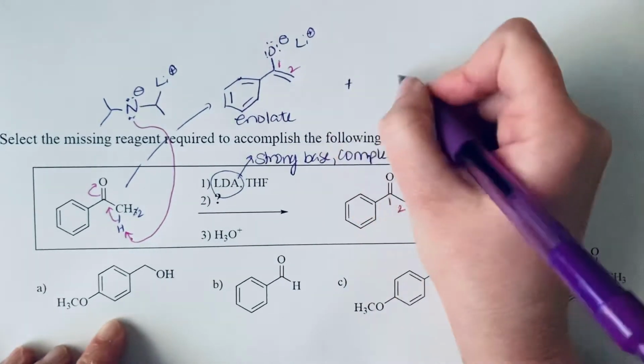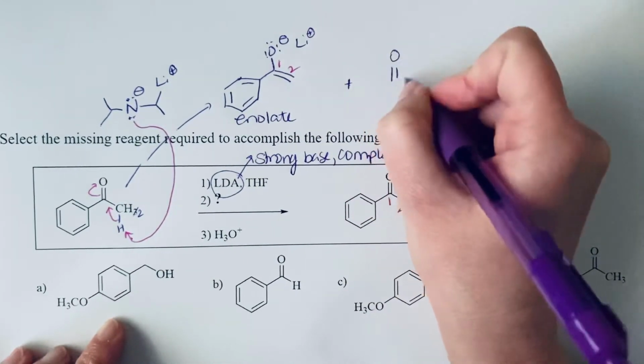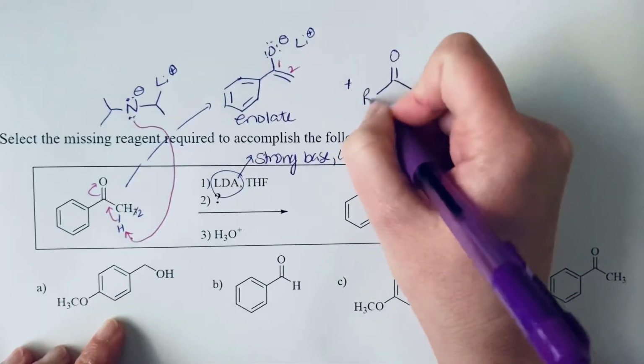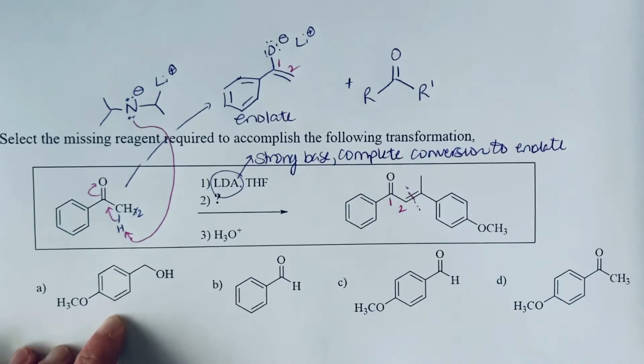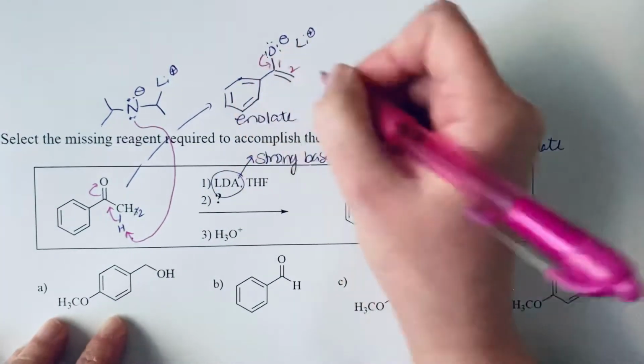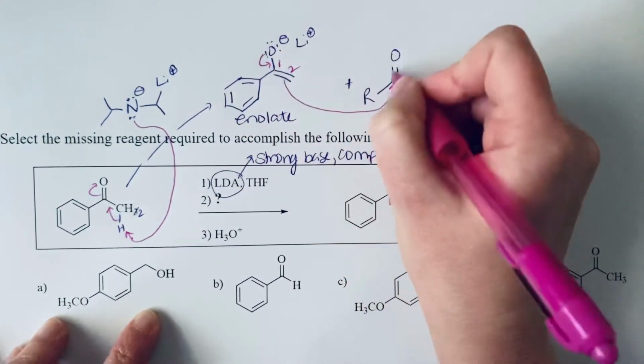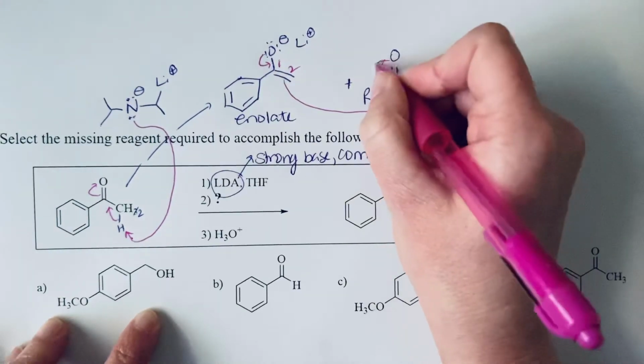When it adds to the other carbonyl, it can add to something like this. I'm just going to use some R groups on here. This can attack, and it's going to form a new bond to what was the carbonyl carbon.